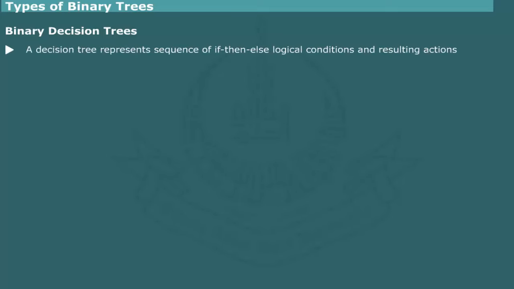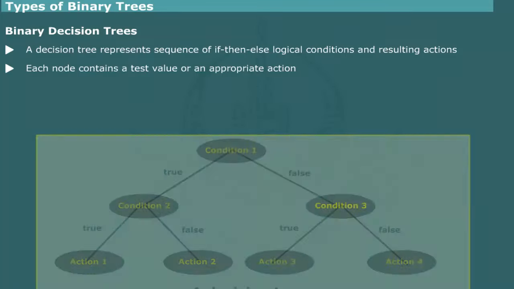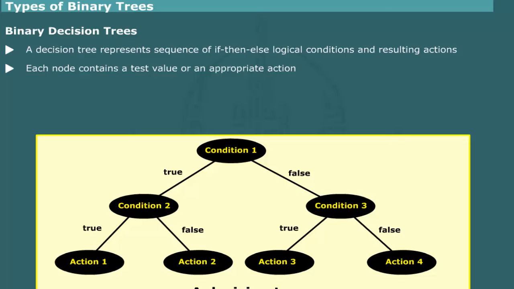Binary decision trees. A binary decision tree is structured to represent a sequence of if-then-else logical conditions and the resulting actions. Each node contains a test value or the appropriate action. Figure shows an example of a decision tree.